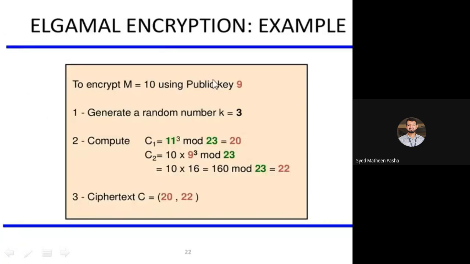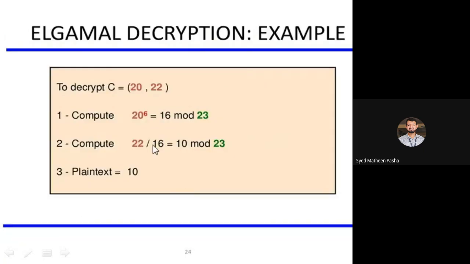What was the assumption of m? The assumption was m was 10. Now I should get the value as 10. So you can see here, this is the representation of the formula. I am just putting it here. If I divide C2 by that quantity, I should get the plain text finally as 10.